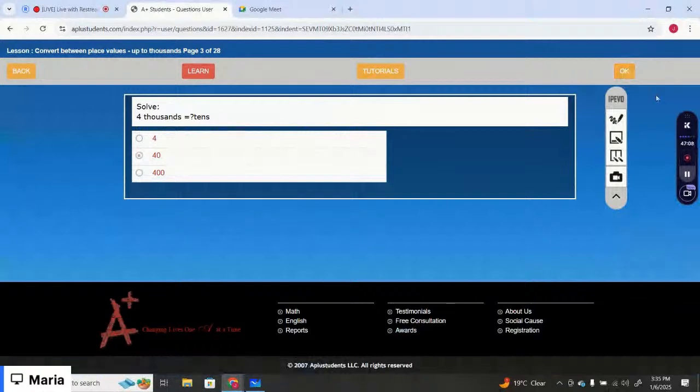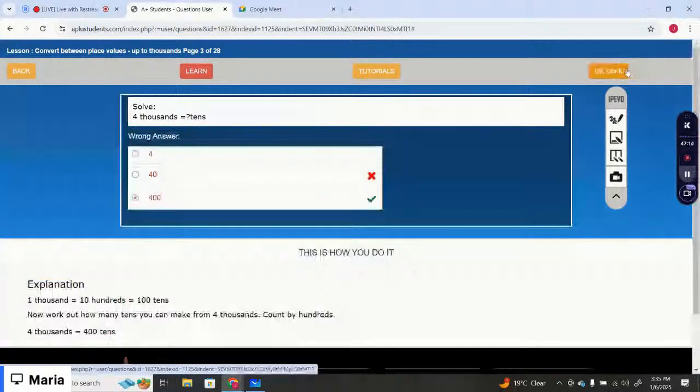The correct option is 400 tens. Oh, 4,000 it is. 4,000 has 400 tens.